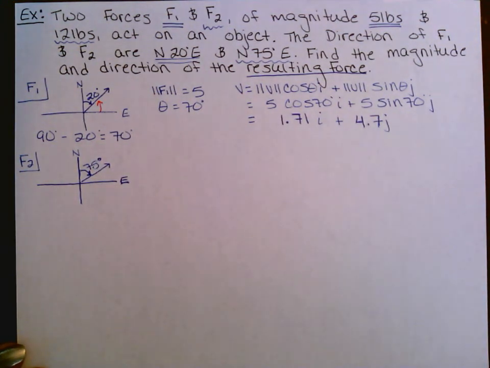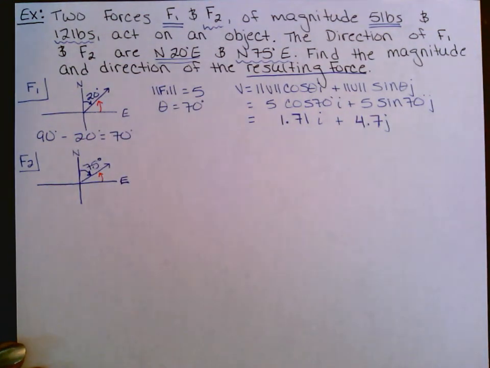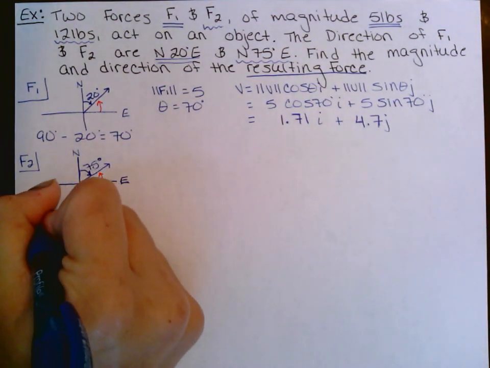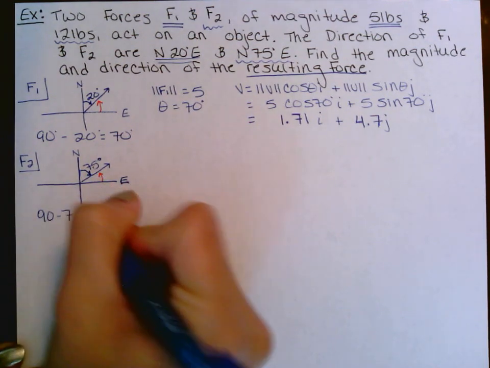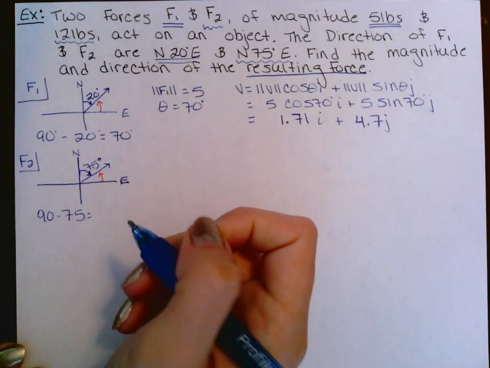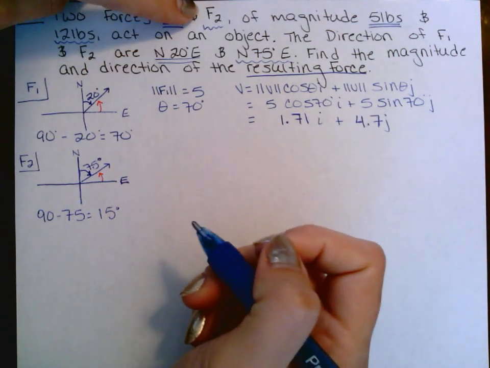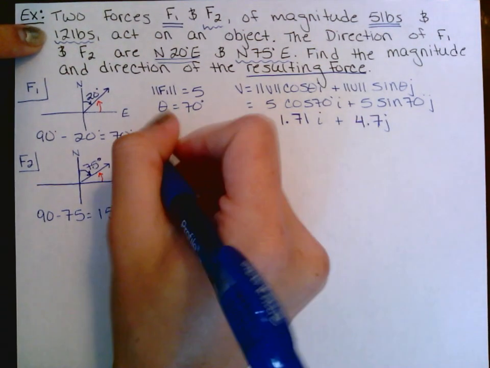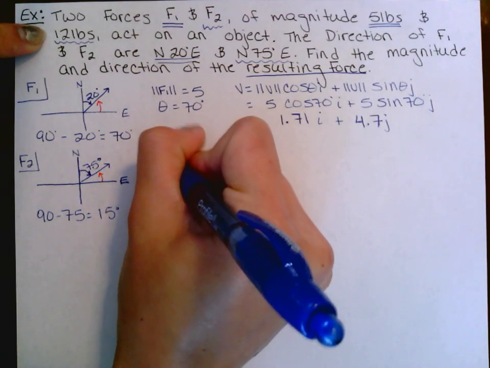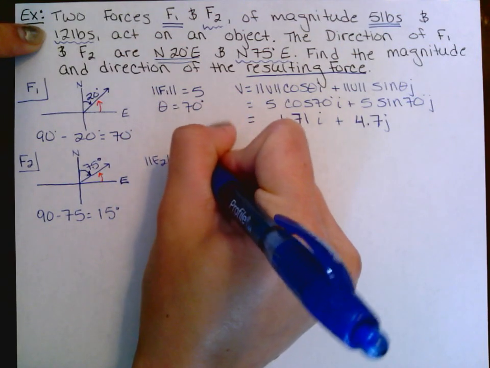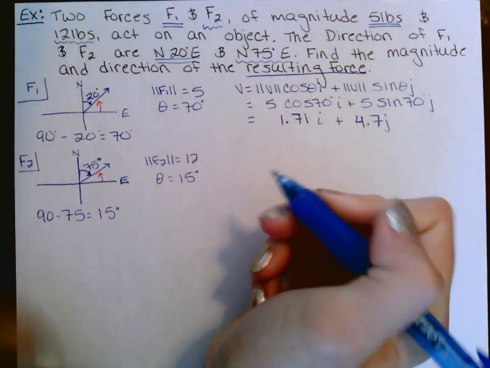All right, so the angle we need here, again in standard position, is 90 minus 75, and that gives us 15 degrees. So for force 2, if we look at my swivels, my magnitude is 12, and my theta is 15 degrees.